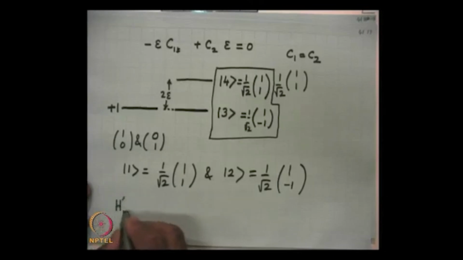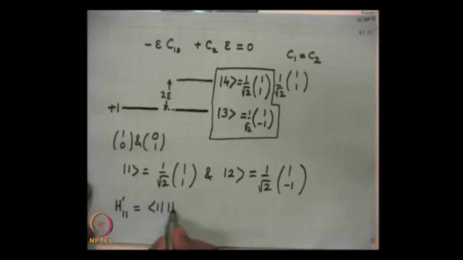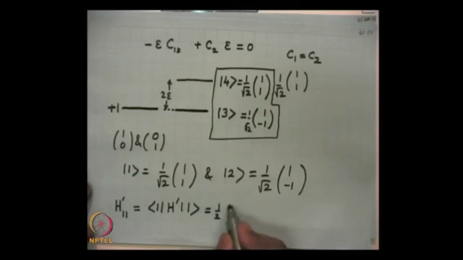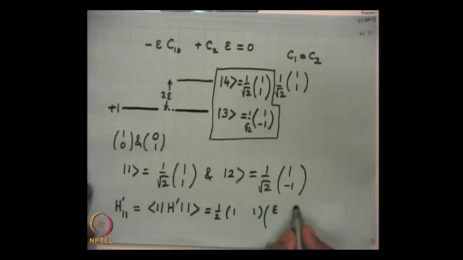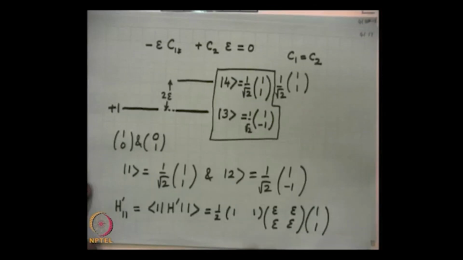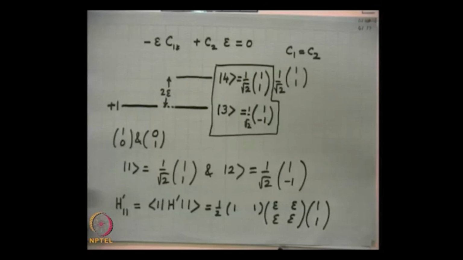It is equal to half, bra 1 is 1 1, times epsilon epsilon epsilon epsilon, times 1 1. So this will be epsilon plus epsilon, 2 epsilon here and 2 epsilon here. A simple analysis will show that this comes out to be 2 epsilon.